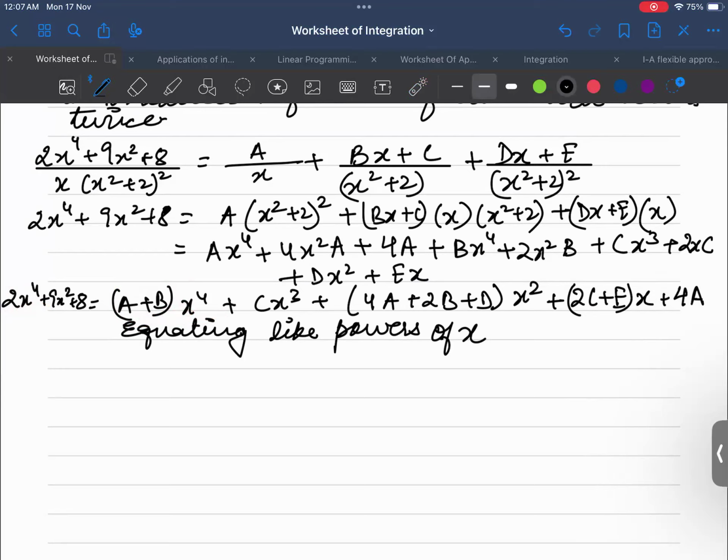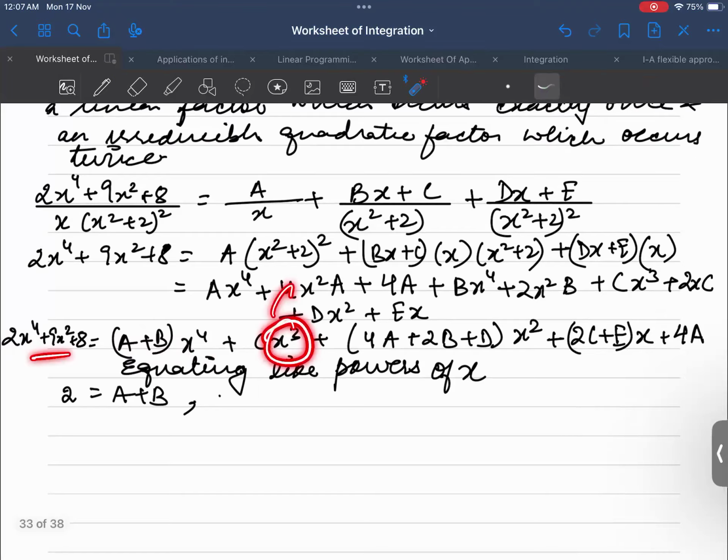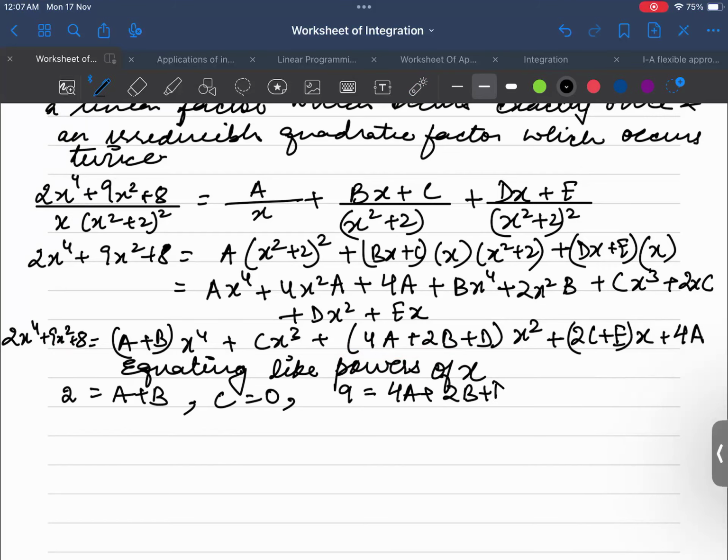We can say 2 equals a plus b. We can say c equals 0, because there is no x power 3. So c equals 0. And for x square, this will be equal to 9.